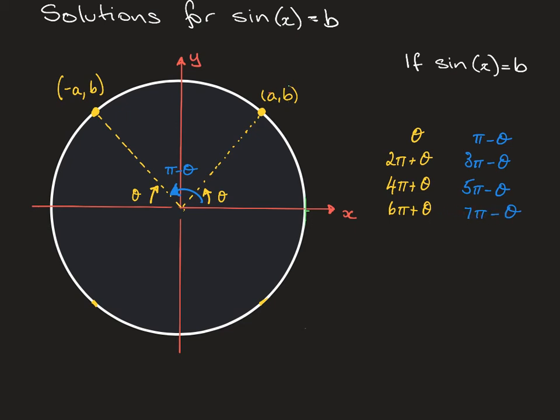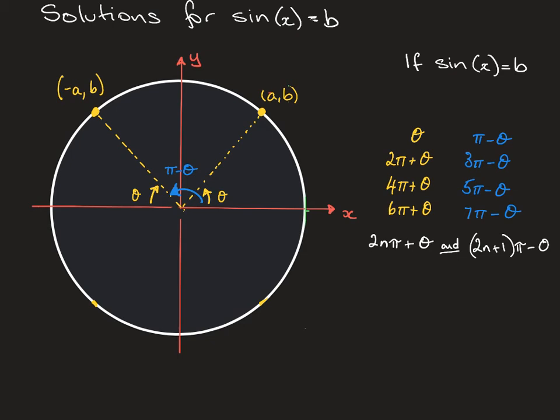And so what you do is write both patterns in terms of this pattern here. So let's look at this. This is an even number plus theta, and its corresponding pair is one more than that even number times by pi. So 2n plus 1 pi minus theta.